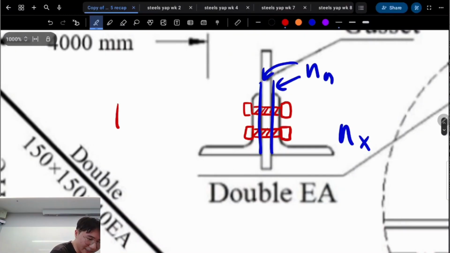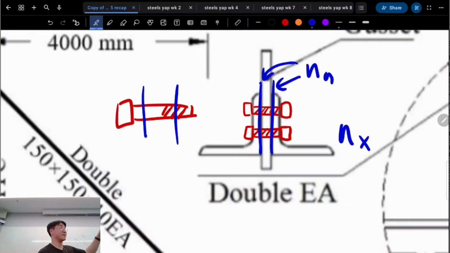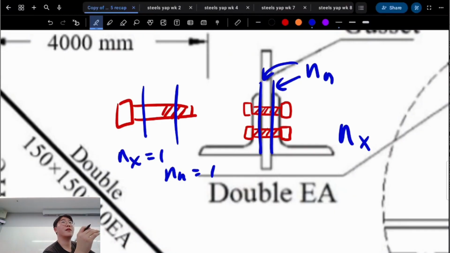So if it looks more like that, and one of your shear planes intercepted the area with threads and one didn't, it would technically be NX is 1, NN is 1. But usually in the question they'll tell you to assume the entire thing has threads, because that's the most conservative way to do it, right? It gives you the least capacity because we have a smaller core area than we have shank area.